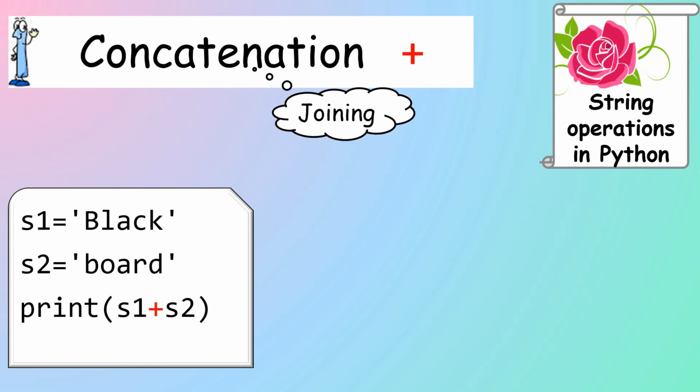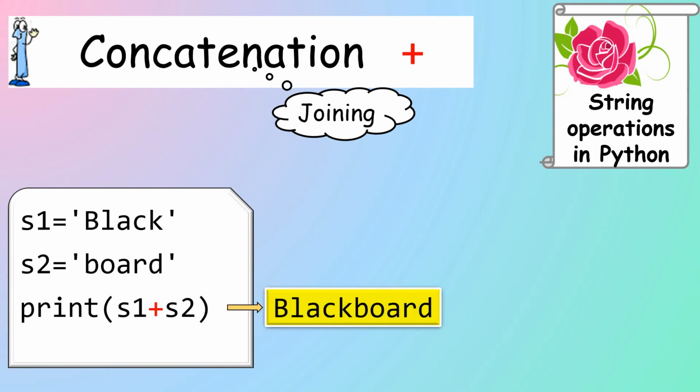The value of S1 is the string black and the value of S2 is board. In the print statement, I have used the concatenation operator S1 plus S2. So, the two strings S1 and S2 are joined together and you will get the output as blackboard.